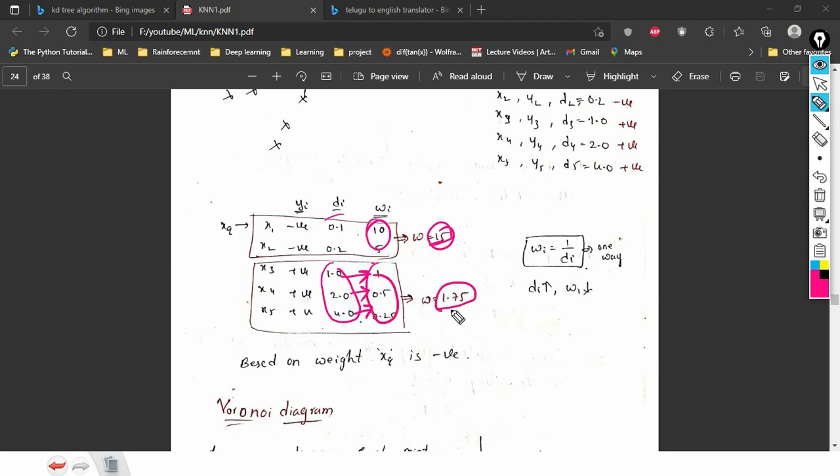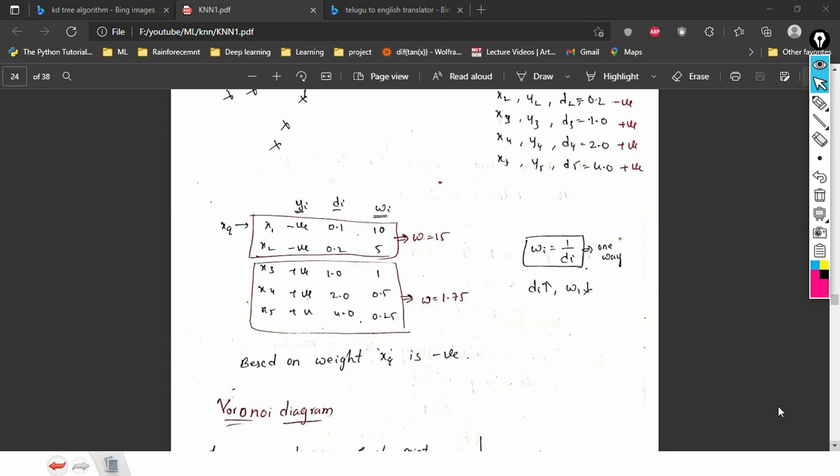The total weight due to the positive class is 1.75, and because of the negative class it is 15. Because 15 is more, the query point is classified as a negative point.